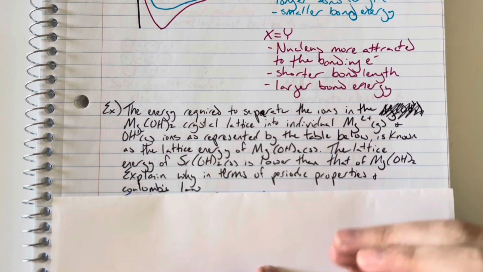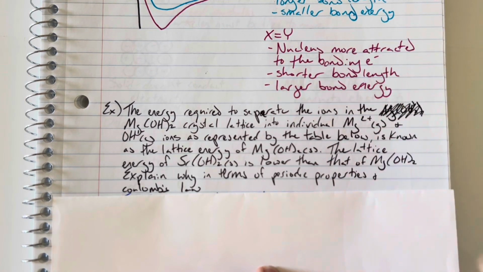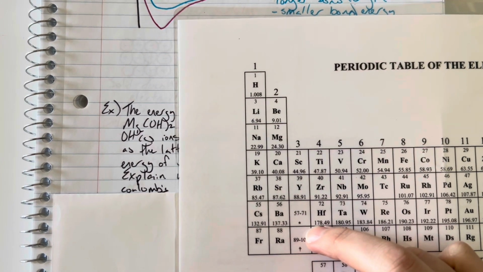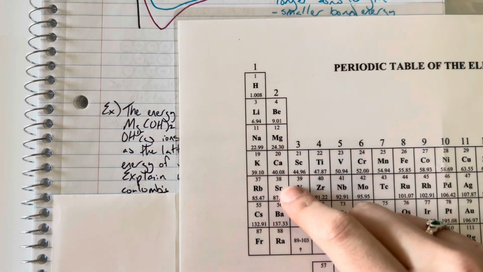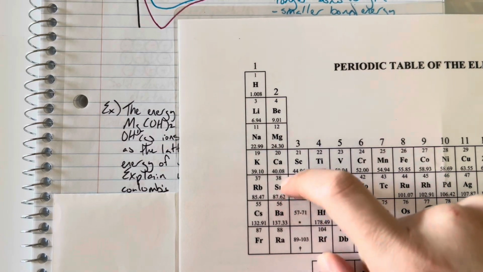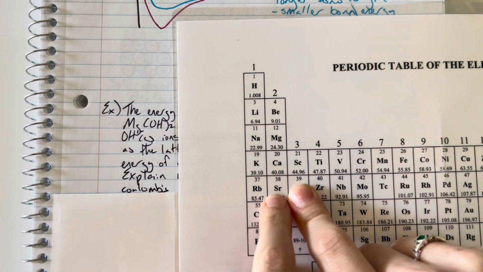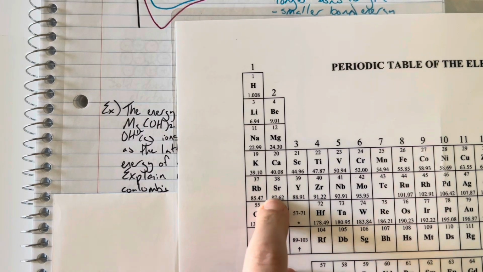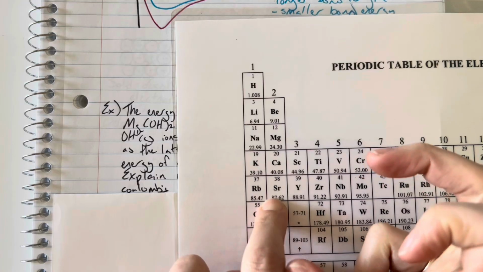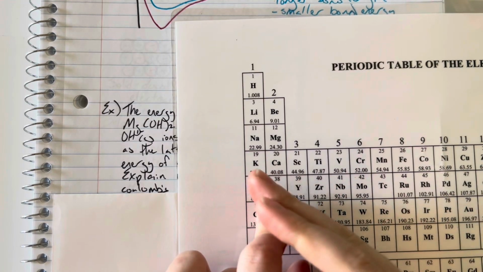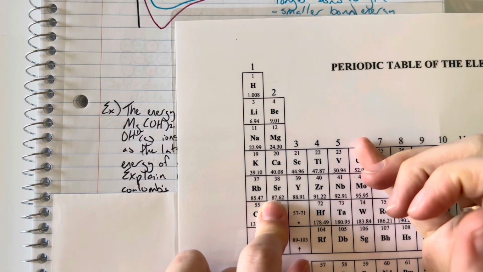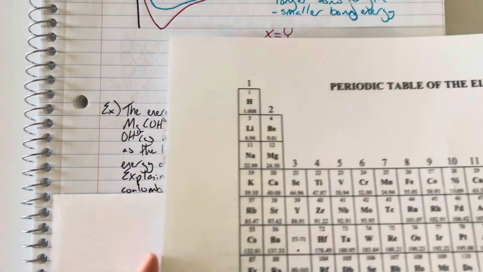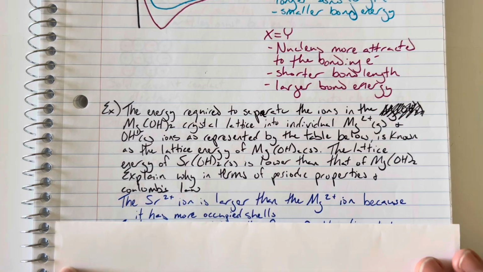Strontium is lower on the periodic table, and therefore it is going to have a larger atomic radius. That means when we're dealing with Coulomb's law, that our strontium is going to have a further distance between its nucleus and the electrons that we're dealing with. Our r value is going to be larger.